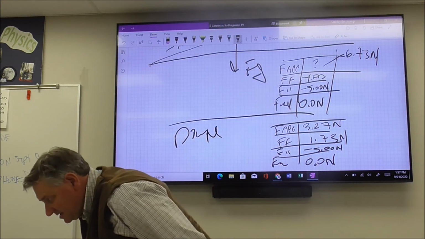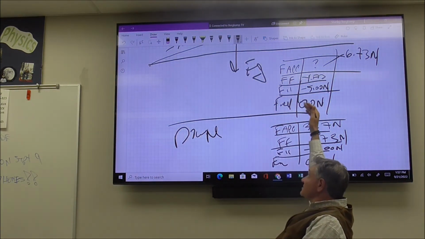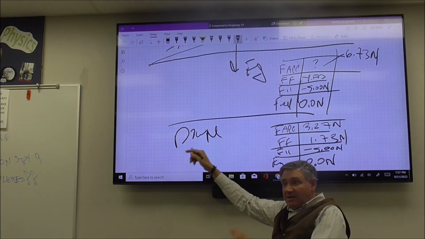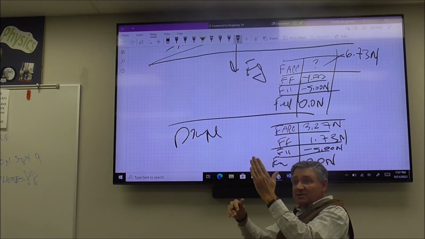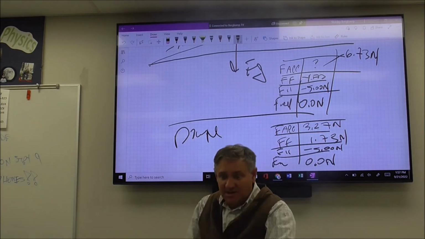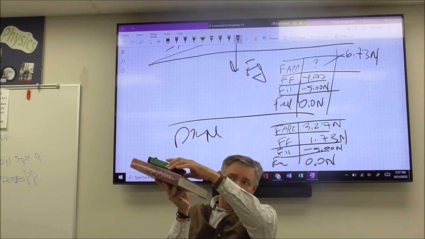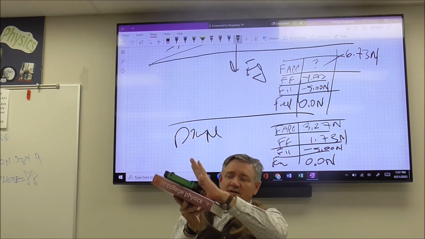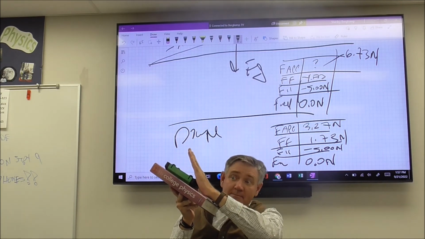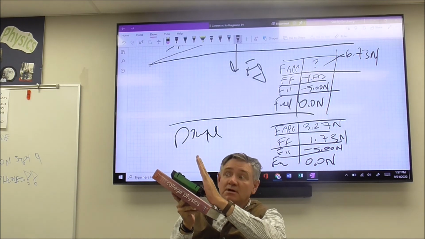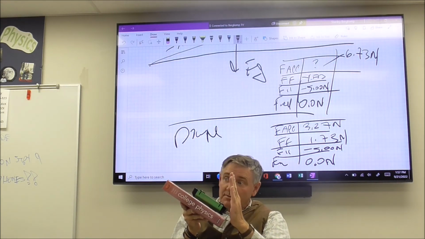So now, here's the deal. When this thing is trying to slide down this inclined plane, here's your setting. I want this thing to slide down at a constant velocity. So I'm actually pushing up, even though it's going down the ramp.